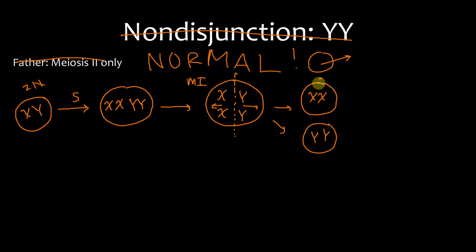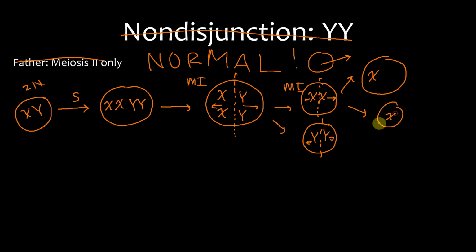Then let's just say this is metaphase 2. We're just going to skip straight there. These are going to segregate like this, and you are left with X, X, Y, Y.